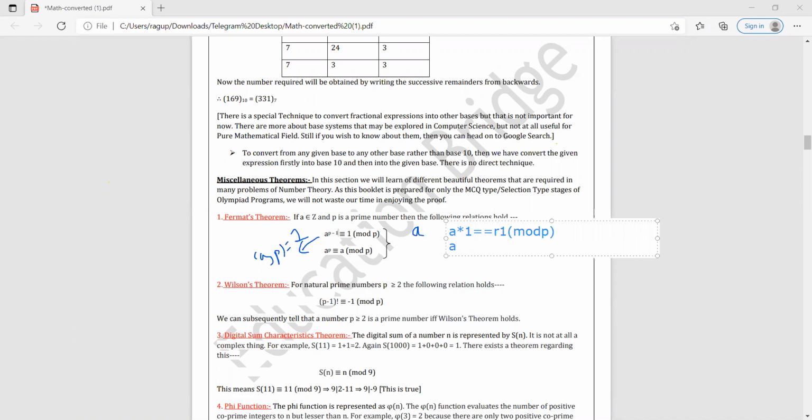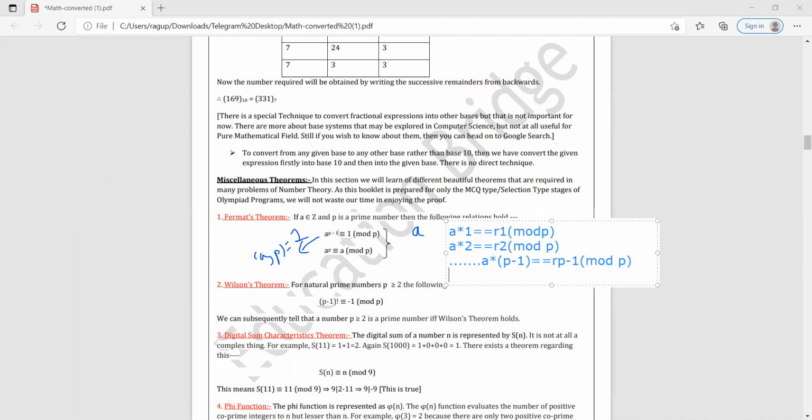And for a into 2 we would have some remainder r2 mod p, and this will go on all the way till a into p minus 1, which is congruent to rp minus 1 mod p for some remainder r.